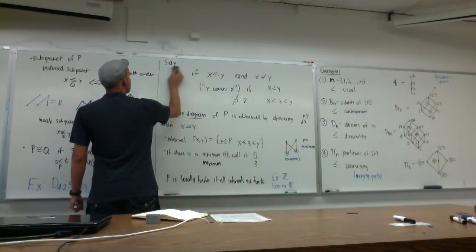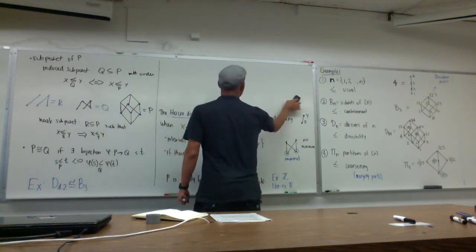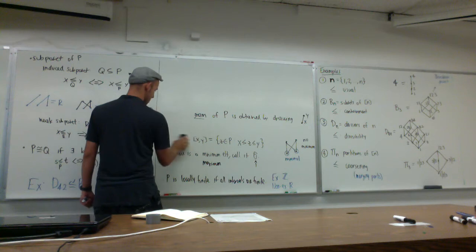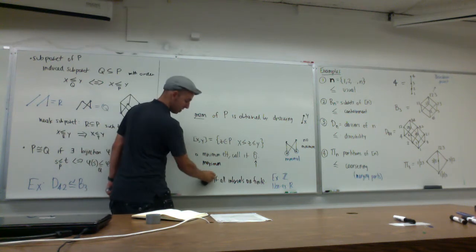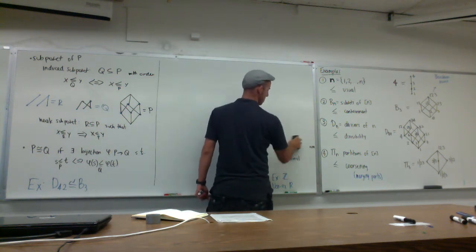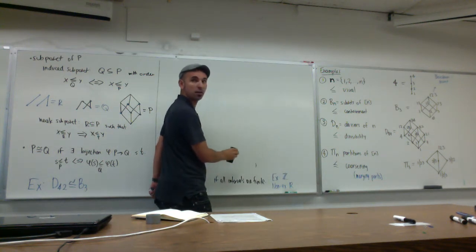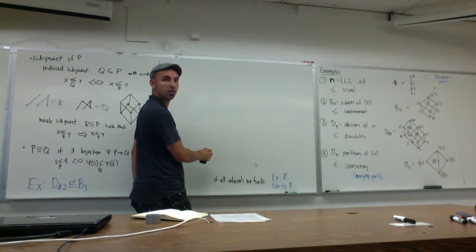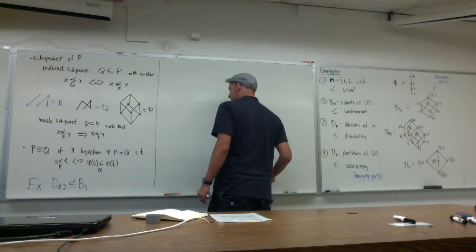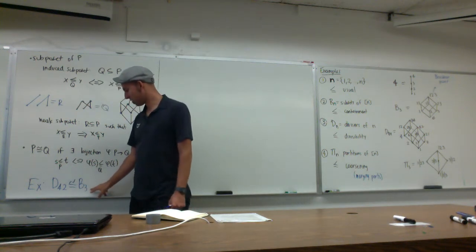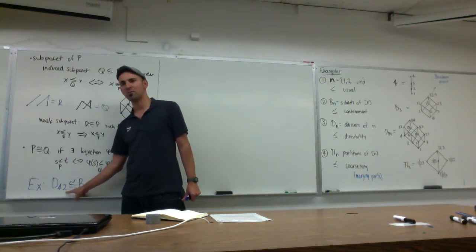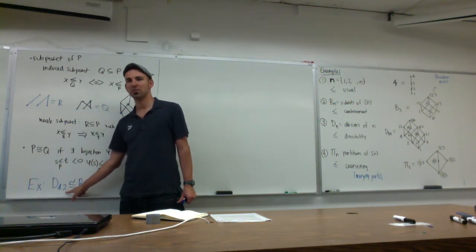Okay, more definitions. Just curious, is it true that D of n is isomorphic to B of k if its prime factorization has k primes? That's right. So the reason this is true is that this is the product of 3 different primes. 42 is the product of 3 different primes.